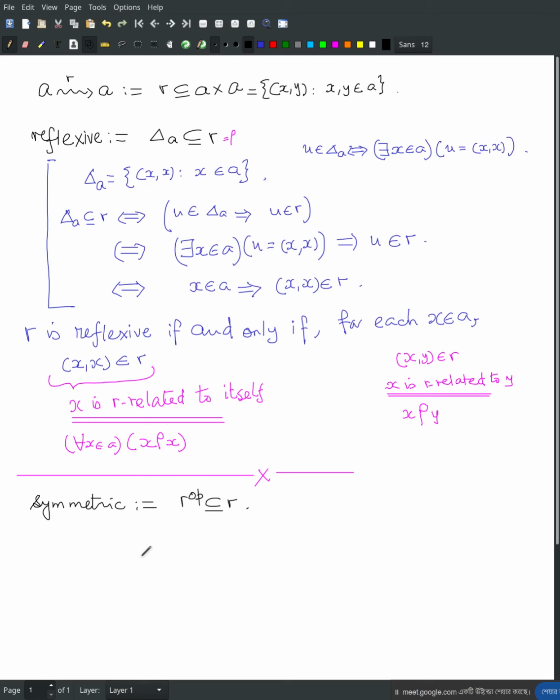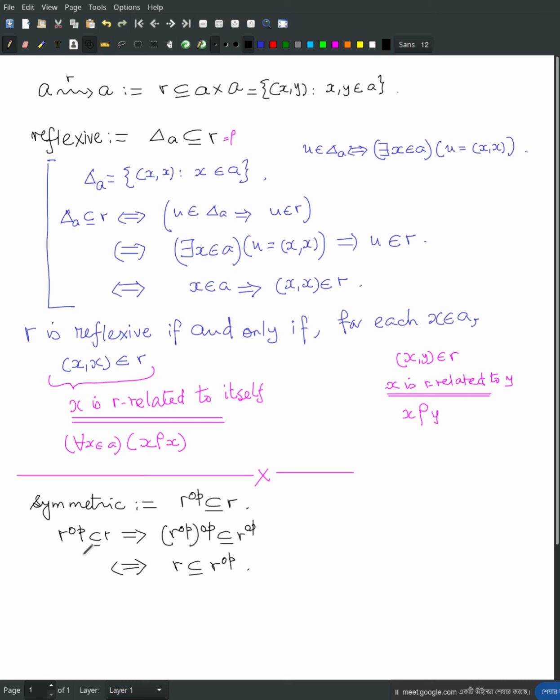So if you combine this, R op is a subset of R implies R op op is a subset of R op, but this statement then says R is a subset of R op.